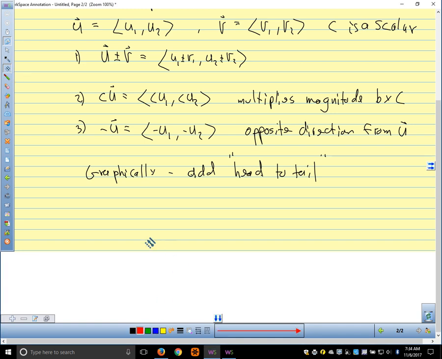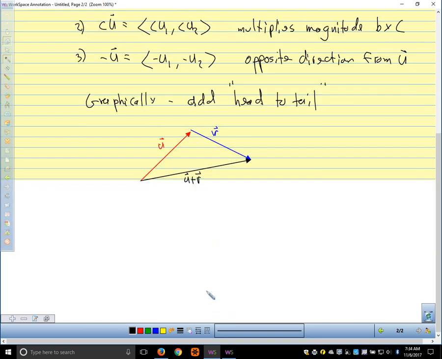So if I have two vectors like so, this is u, this is v, this vector would be u plus v. Yeah. So magnitude, notation-wise, is with the double bars. Yeah, we'll talk about the magnitude in just a second.